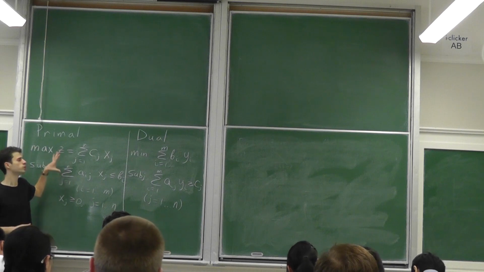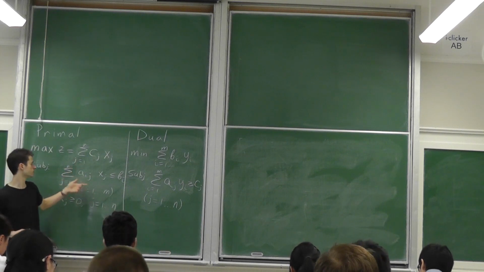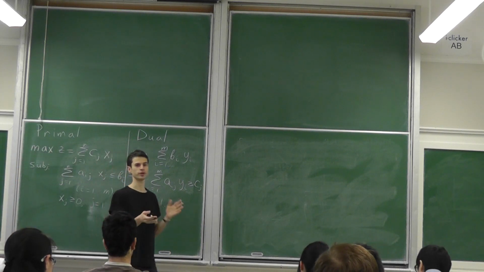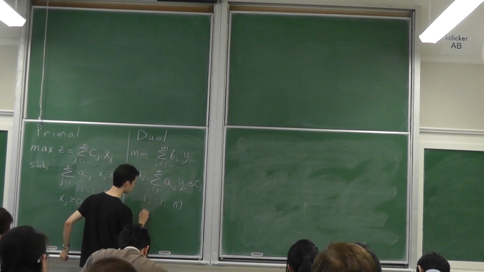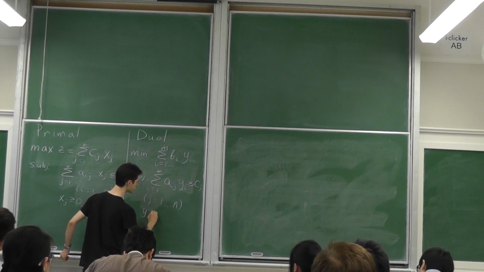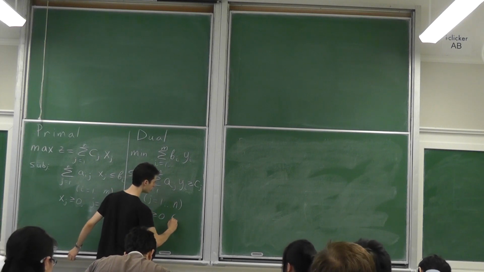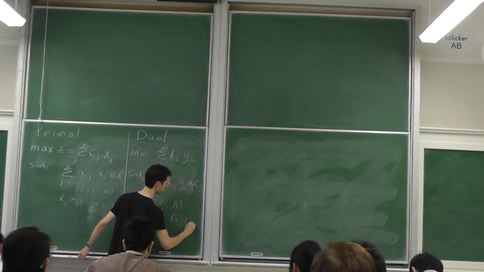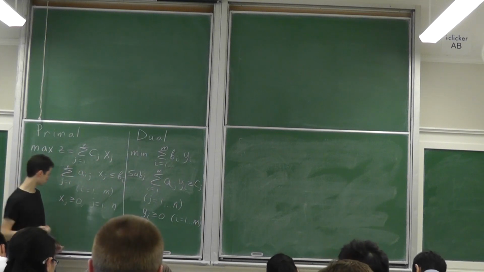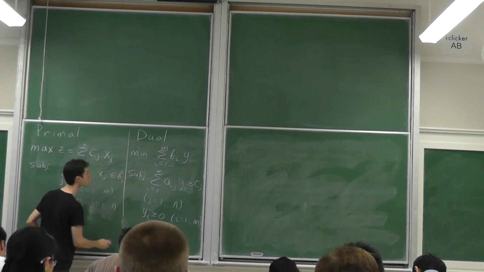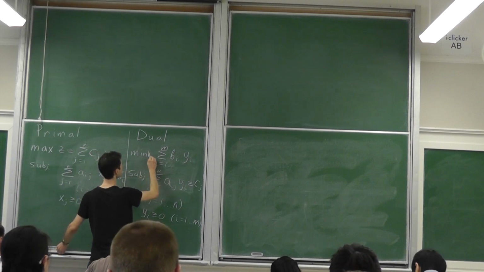And you only want the positive linear combination because multiplying a constraint by a negative number reverses the sign. So you don't want to multiply by a negative number. So you pose the condition that all y_i are greater or equal than 0 for i from 1 to m. Let's call this function w.